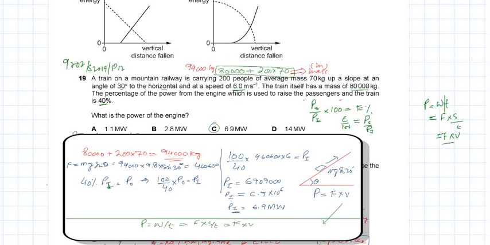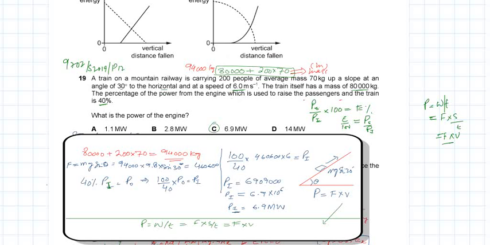So m we have already calculated, 94,000 kilogram, and g is 9.8 and sine theta is sine 30 degrees, it is given. So the total force, the component of the weight along the slope, is 460,600 N, times speed we will get the power output.